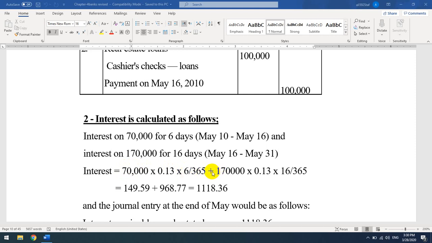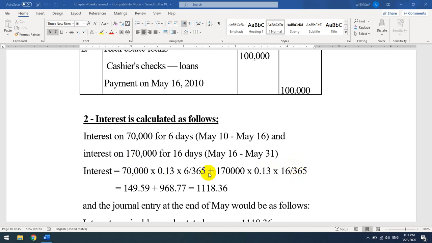and we have to add the interest of the total amount, which becomes 170,000 Egyptian pound times 13%, the annual interest rate, times the days remaining in May 2015, which from the 16th to the 31st equals 16 days. 16 days divided by the number of days of the year, which equals 365 days.